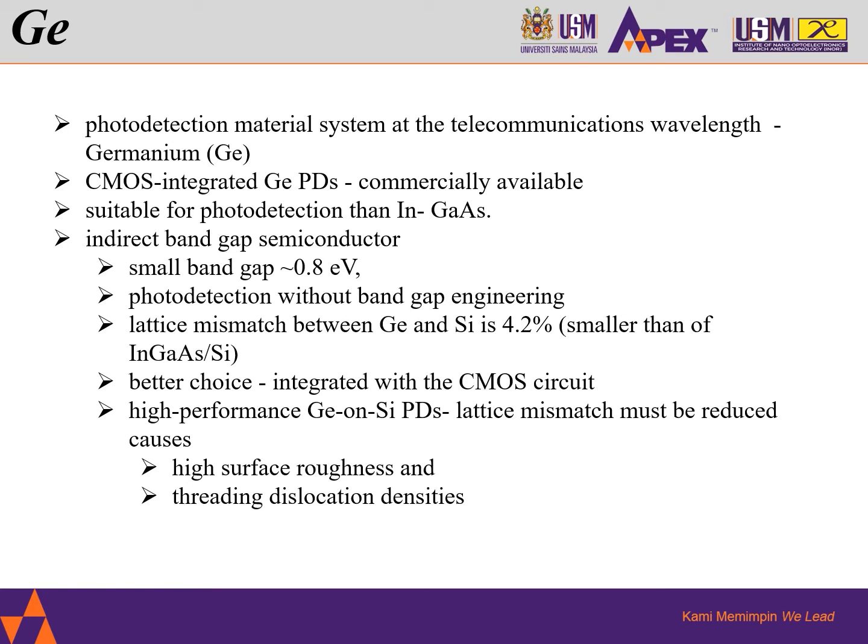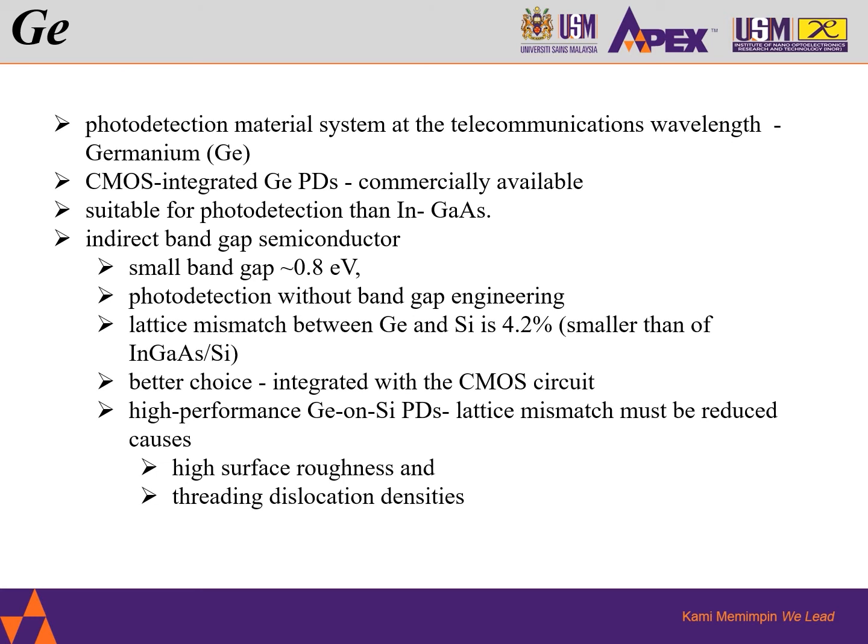In terms of material properties, germanium is more suitable for photodetection than indium gallium arsenide, although Ge is an indirect bandgap semiconductor. It has a small bandgap of 0.8 electron volts, hence granting Ge the capability for photodetection at telecommunications wavelength without bandgap engineering.